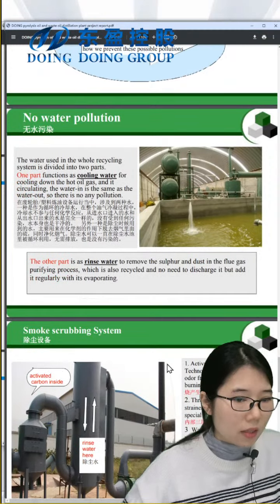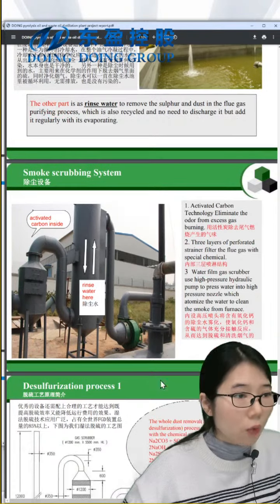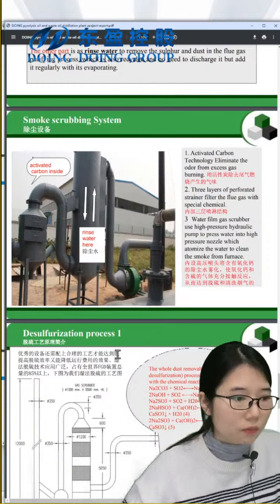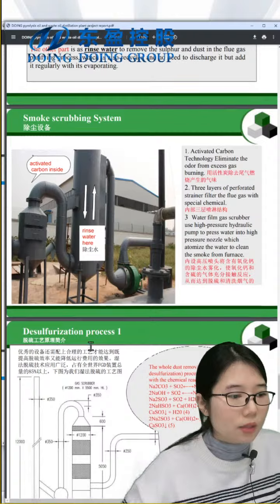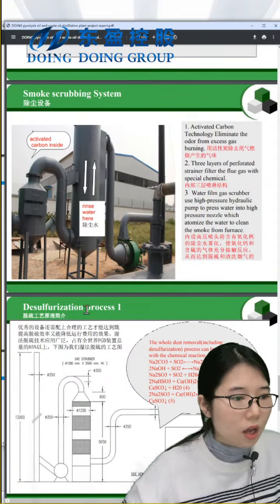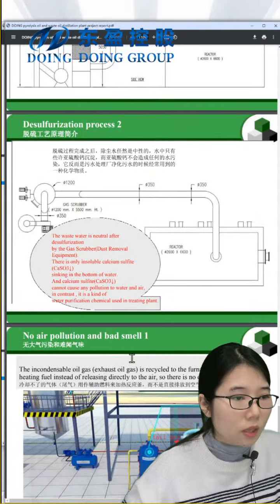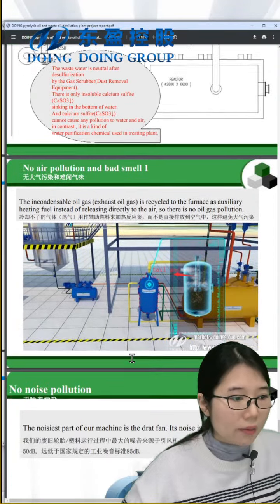For air pollution, we use dusting systems, such as smoke scrubbing systems and desulfurization systems, so it can control air pollution.